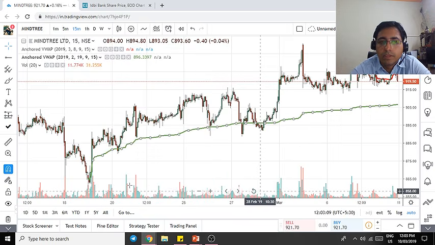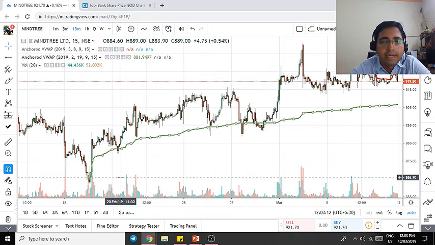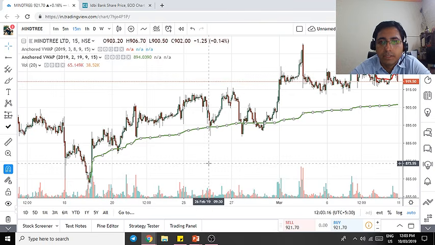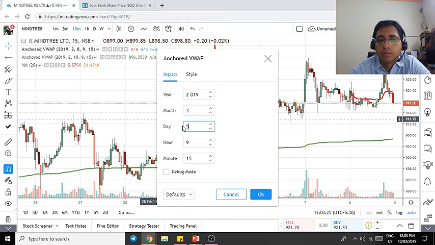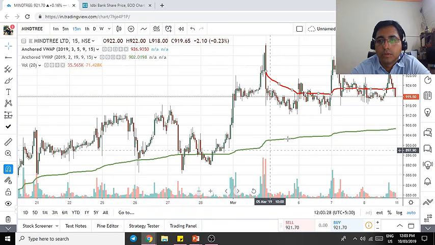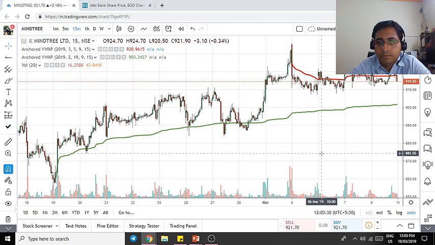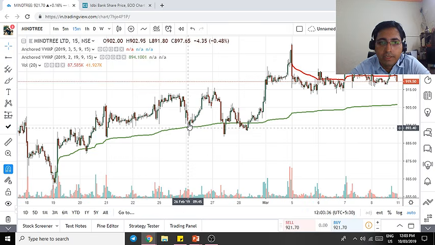Okay, on Mindtree I plotted a starting point for the anchor. And for the red one, I shall be giving this one, which is 5th March 9:15. So the buyer seems to be in control, taking the prices up whenever there is a dip to that price.